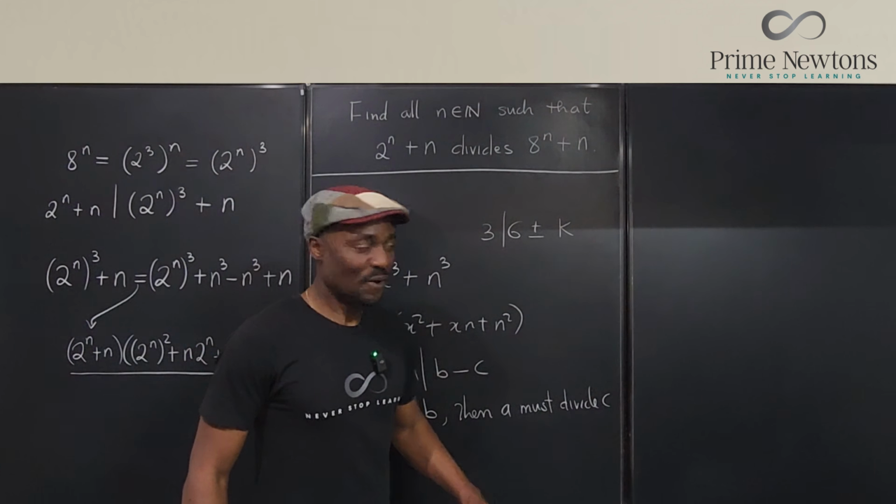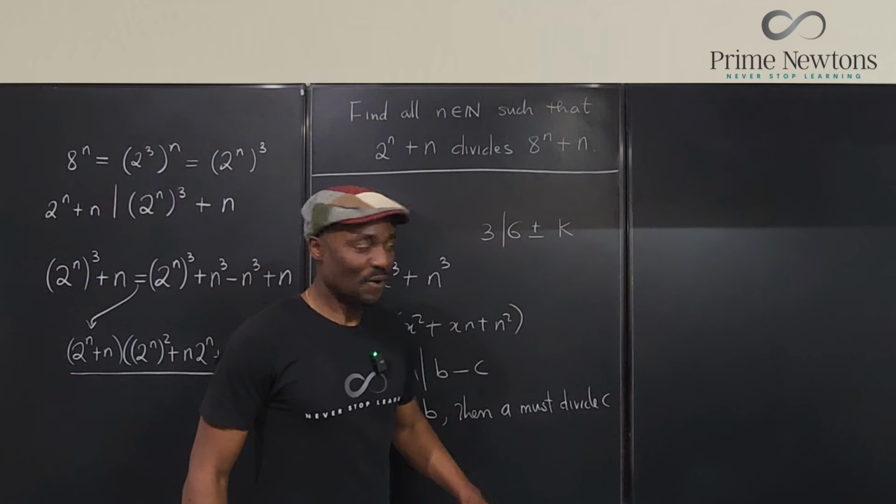That's all, and that's the secret to solving this. 2 to the n plus n divides 2 to the n plus n times, I'm going to write this as 4 to the n just to make my life easy. 4 to the n plus n 2 to the n plus n 2 to the n plus n squared minus, you know what?